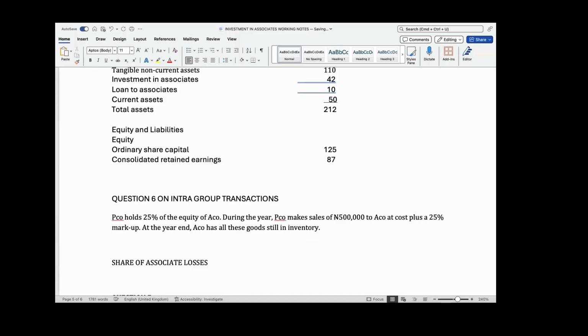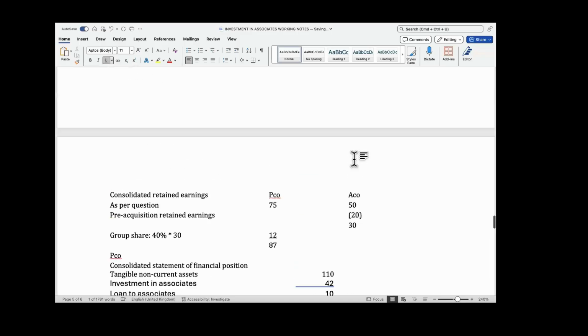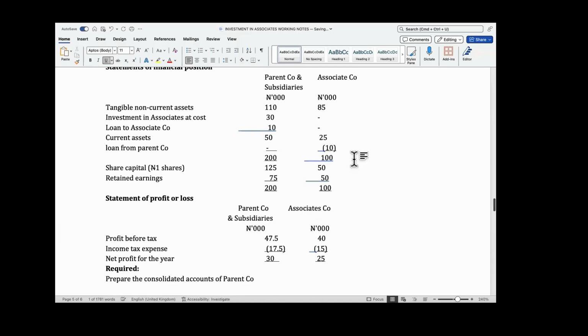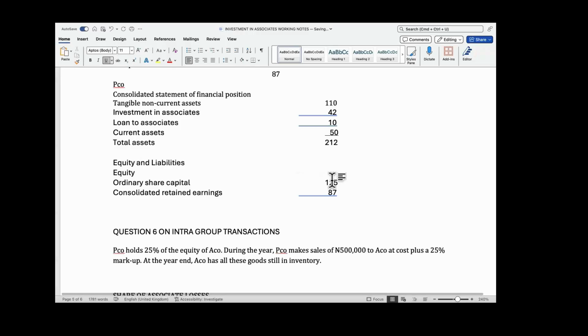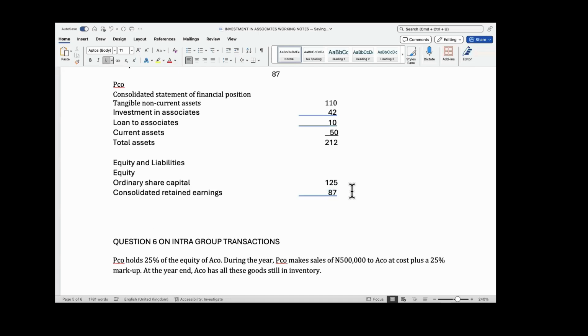So the parent has 87. And what's the next item after that? That's all. So what's the addition of these two? 212.